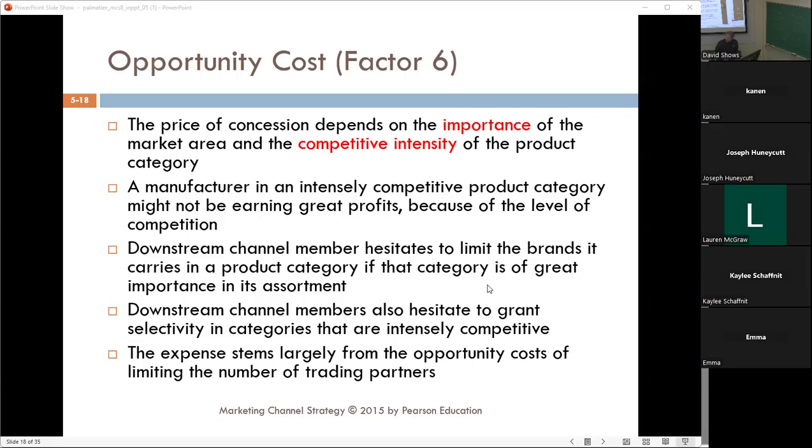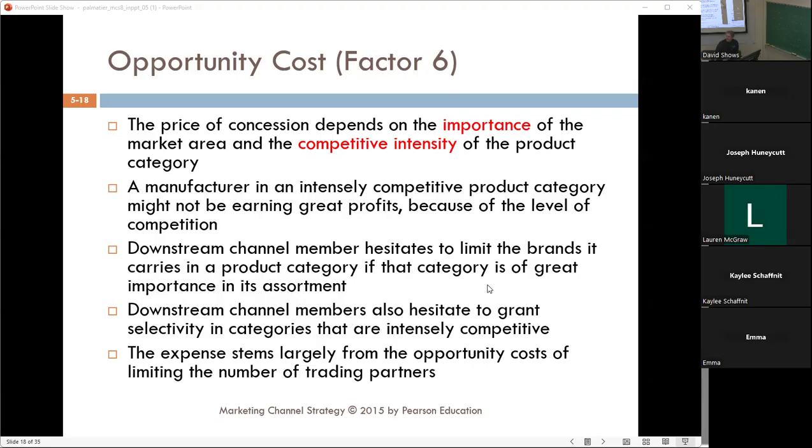If I'm a downstream partner, let's say I'm in electronics, I don't want to limit the brand, especially if that category is extremely important. If I'm an independent seller of, let's say, televisions in Hickory, I want 20 brands, maybe more, because that single category is extremely important.